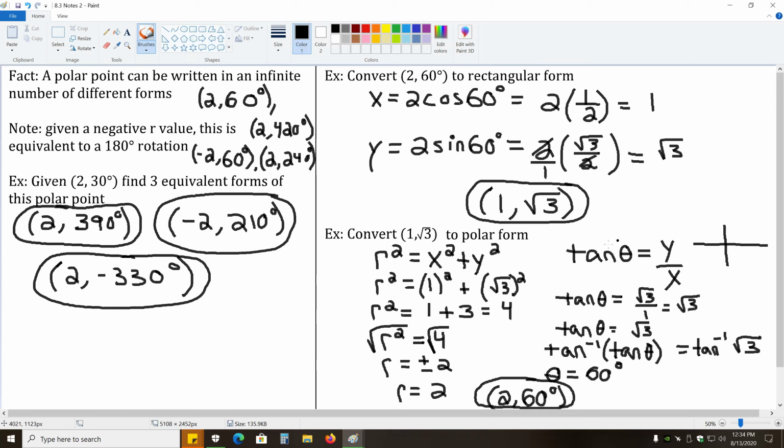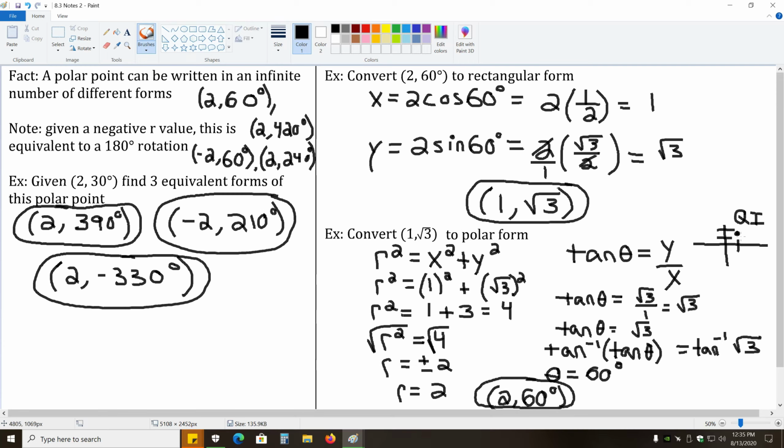And the reasoning is 1 comma the square root of 3, which is somewhere around here. This point is in quadrant 1. Because it's in quadrant 1, our angle works. 60 degrees is correct.